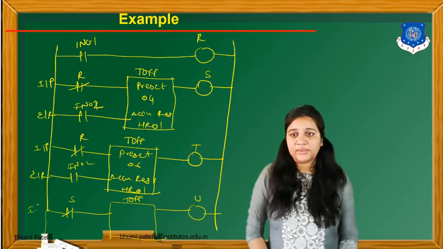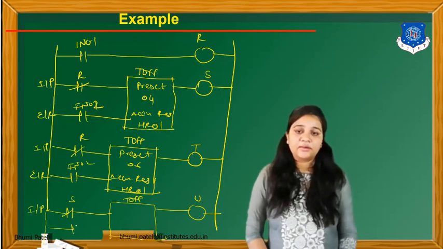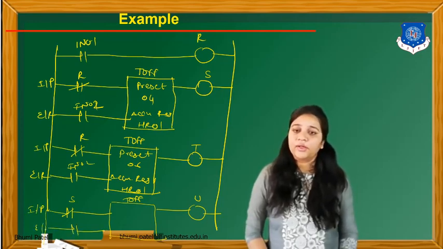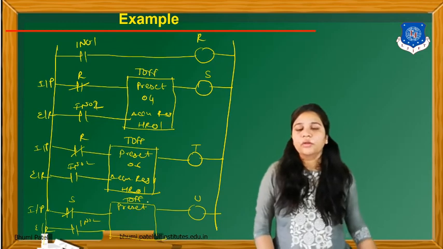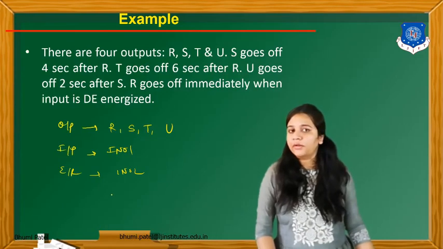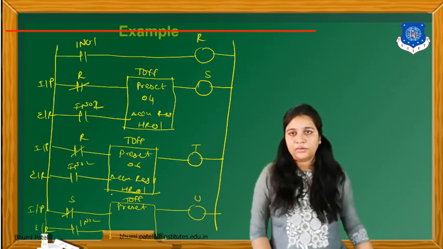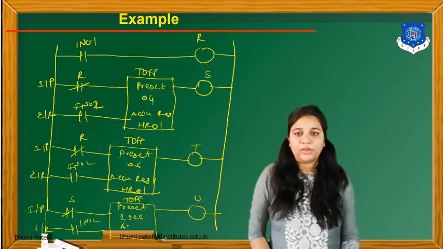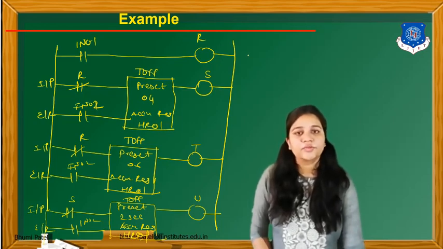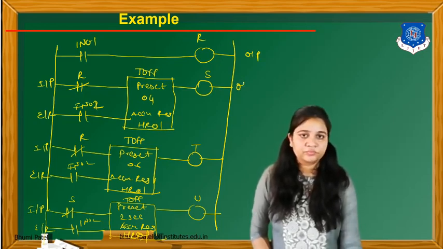S works as an input. The second thing is enable or reset, that is IN02. Here we can take the preset value that is given in the example, 2 seconds. Accumulator register HR01. Okay, so this is my 4 outputs.